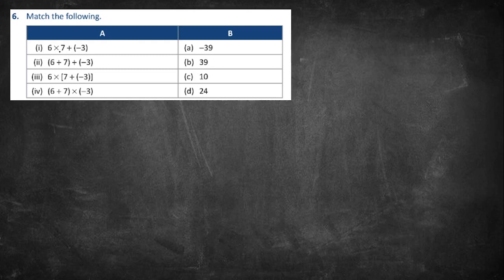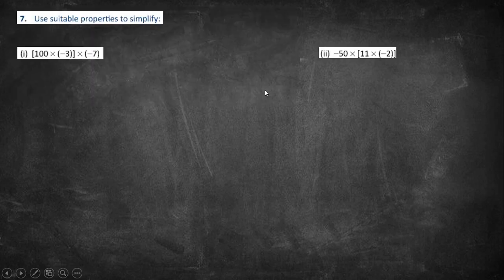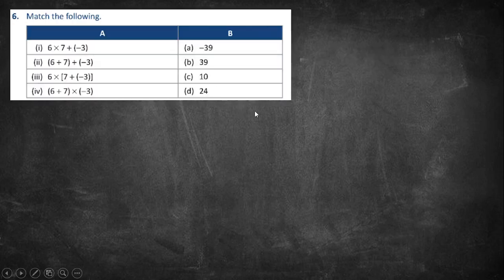Now 6 into (7 plus minus 3). If you know BODMAS, then first we solve the bracket, but here in the bracket we have only one number.